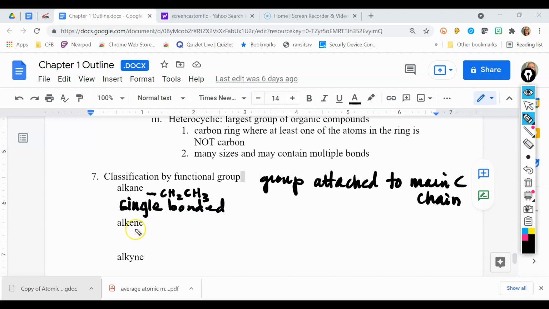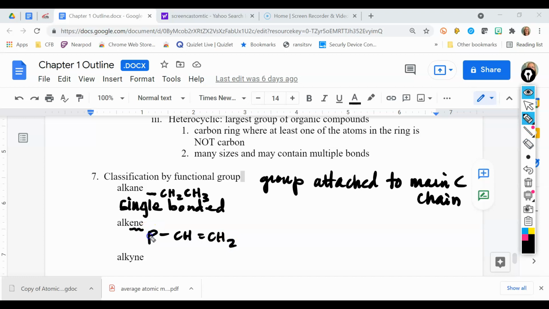We could also have something called an alkene functional group, which ends up being, and I'm sorry for that, my computer does funky things, a double bonded carbon chain. And that means that I need to erase. That means this is going to be like that. Okay, a double bonded carbon chain attached to the main carbon chain.